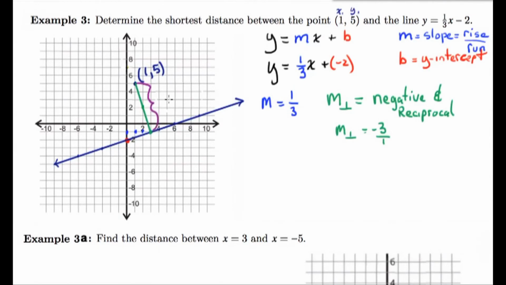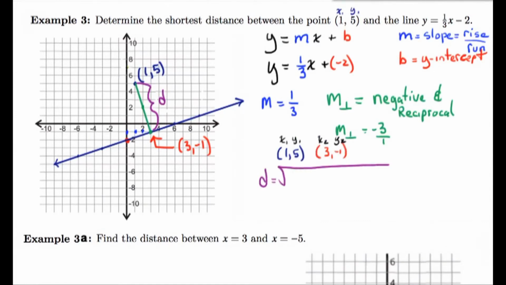So if I go from 1,5 and go down 3/1, down 3/1, I run back into the line at point 3, -1. So here are my 2 points, 1,5 and 3, -1. And I use this in my distance formula now to find the distance between that point and the line, the shortest distance.